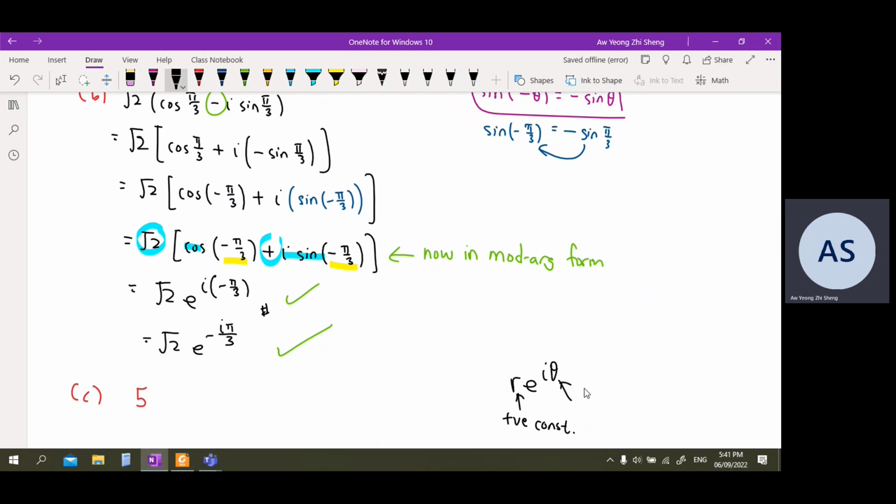Your theta just needs to be an angle that satisfies this inequality, theta between minus pi to pi.